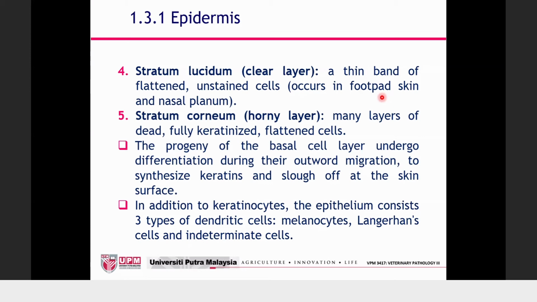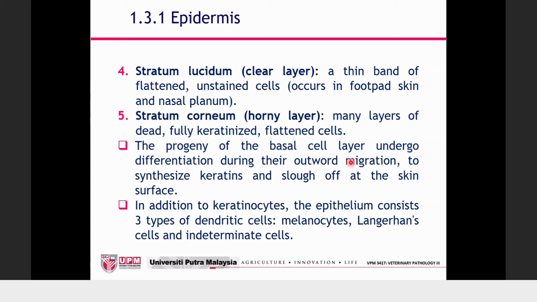Okay, right. So the last layer of the epidermis is the stratum corneum. Another name for that is the horny layer. This layer is made up of many layers of dead, fully keratinized flattened cells. And then the progeny of the basal cell layer undergo differentiation during their outward migration.